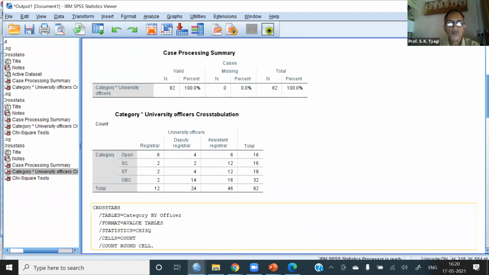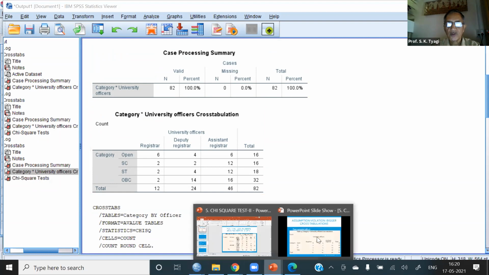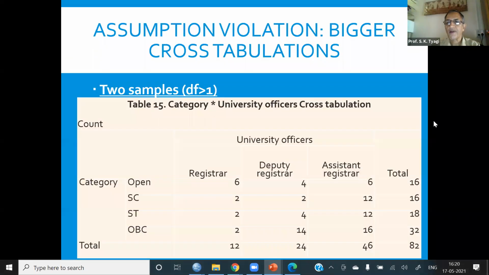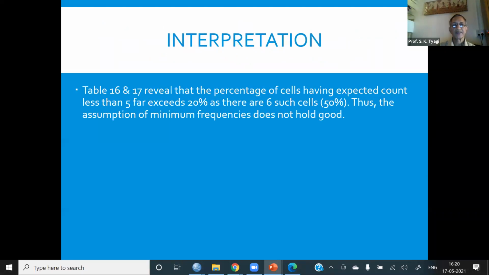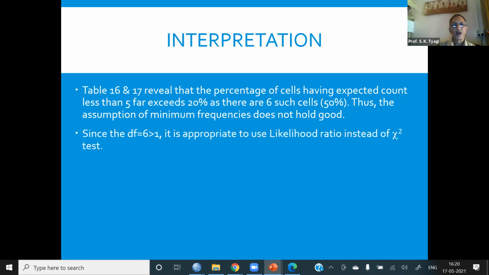See, the interpretation is: tables 16 and 17 reveal that the percentage of cells having expected count less than 5 far exceeds 20%, as there are 6 such cells, 50%. Therefore, the assumption of minimum frequency does not hold good. Since the degree of freedom is 6, it is appropriate to use the likelihood ratio instead of chi-square.